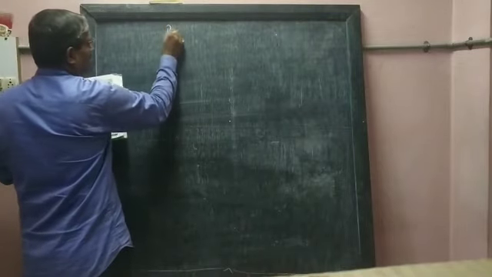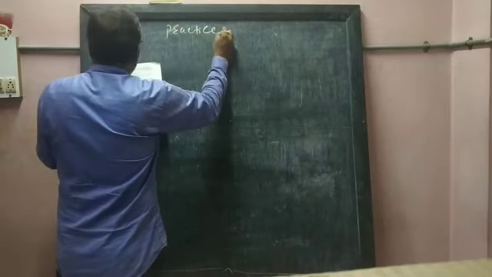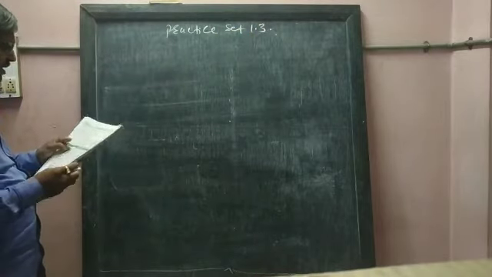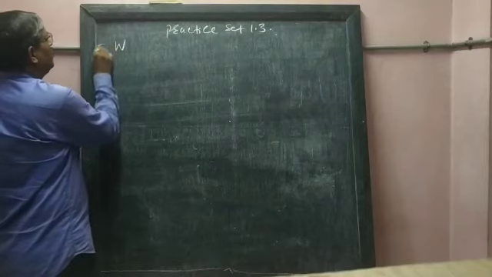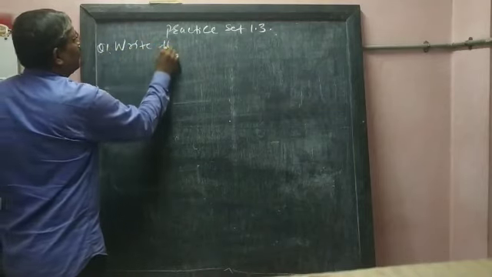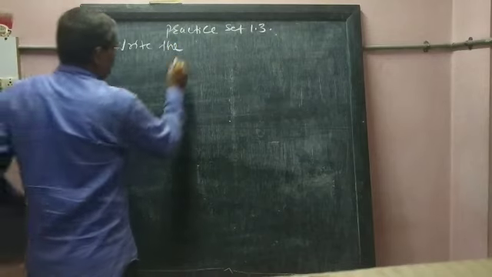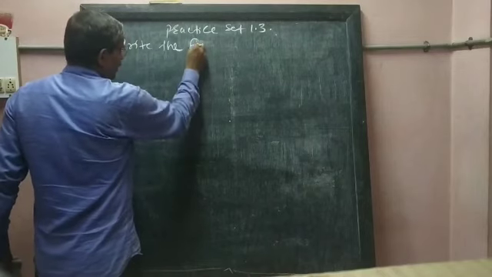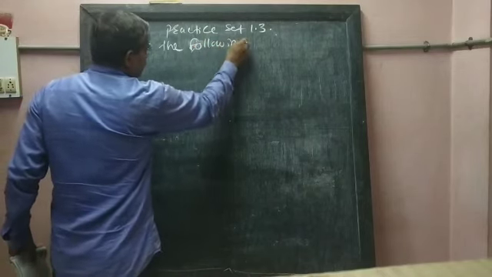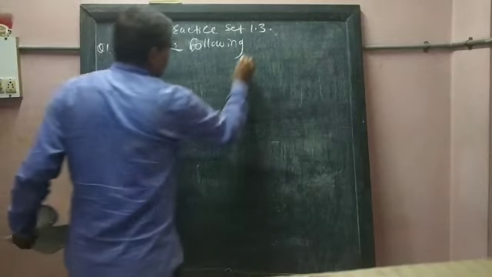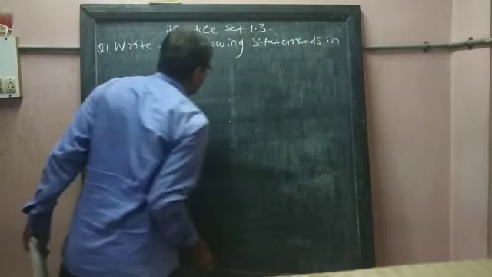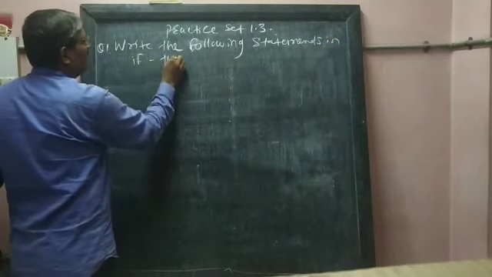Now we are going to enter into the practice set 1.3. Now we are told to write the statements. Question number 1 is: write the following statements in if-then form.